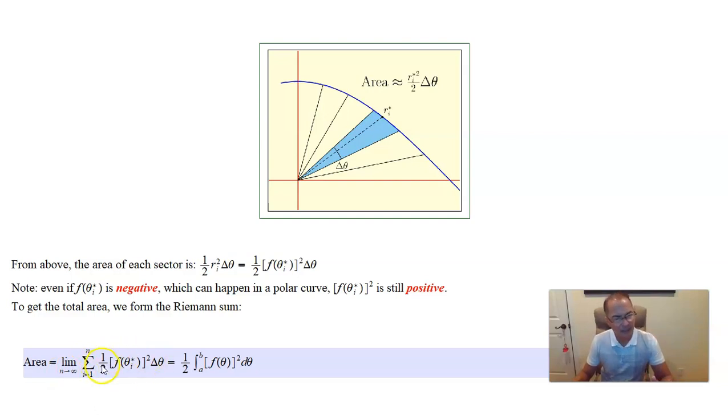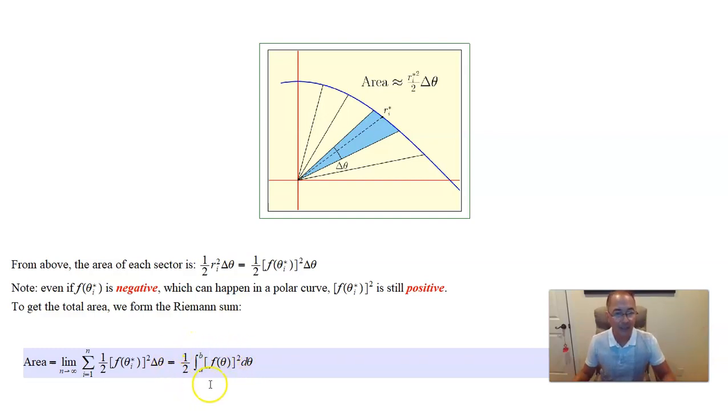Before it was f of x i star; this time our function is now 1/2 f of theta i squared. So we can take the 1/2 out. This Riemann sum turns into the integral from a to b of f of theta squared d theta.